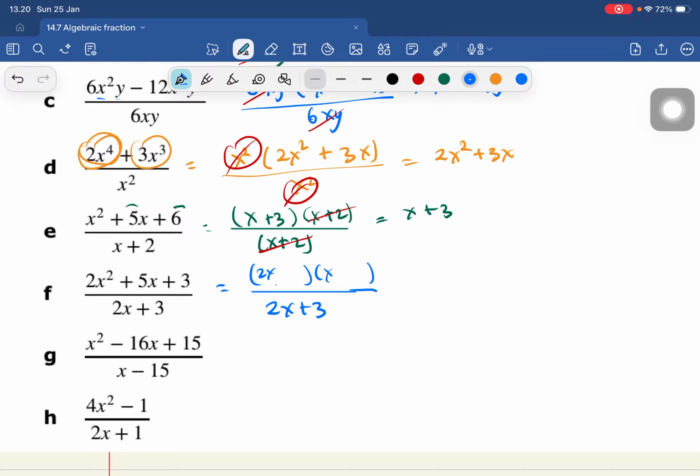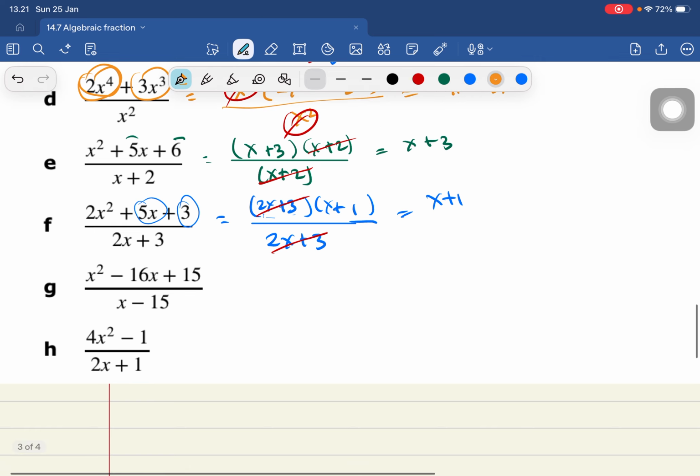Here is going to be plus 3 and plus 1. Because 2x times x is 2x squared. 2x times 1 is 2x. 3 times x is 3x. Okay, it's equal to 5. 3 times 1 is 3. Okay, we could simplify it here. 2x plus 3 and 2x plus 3 equal to 1. So the simplest form is going to be x plus 1.